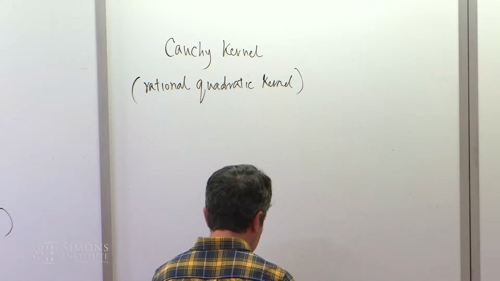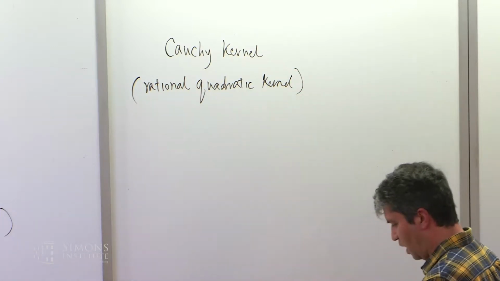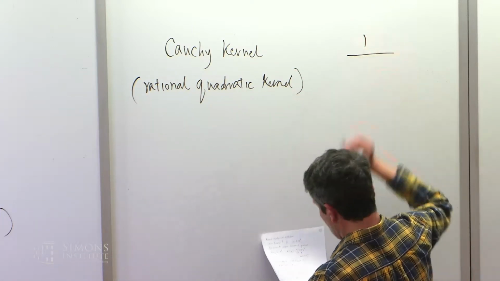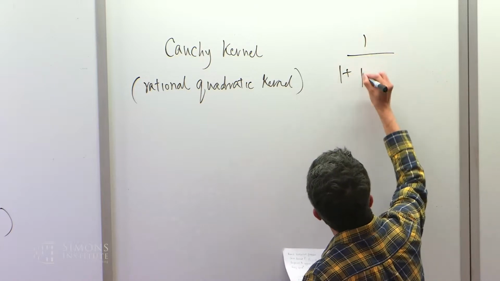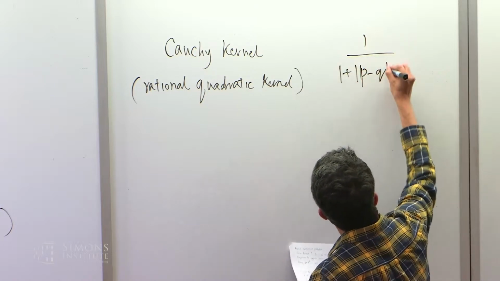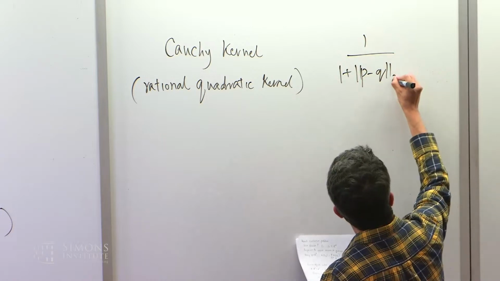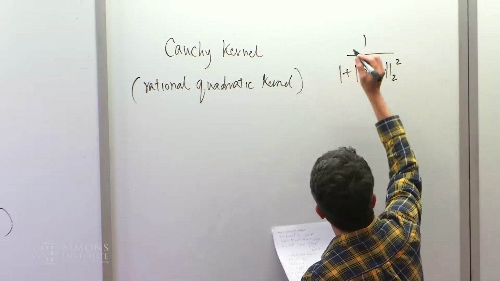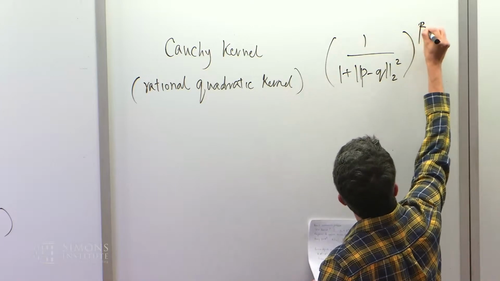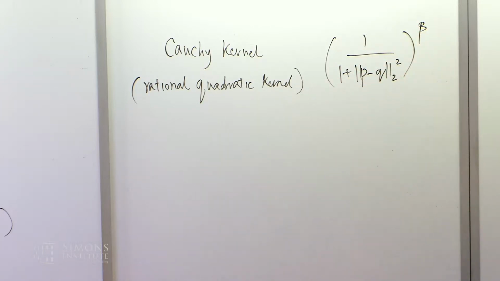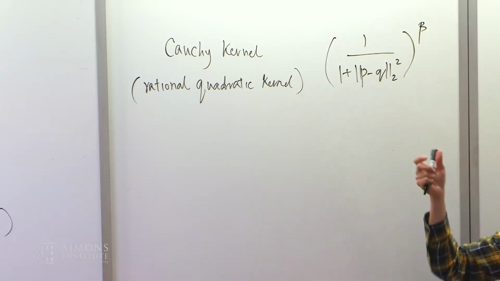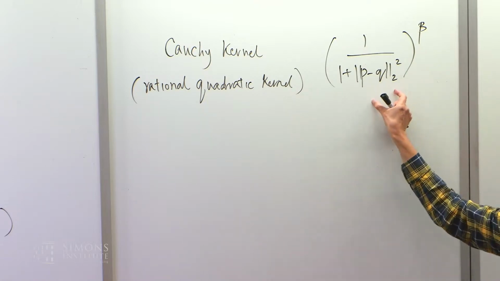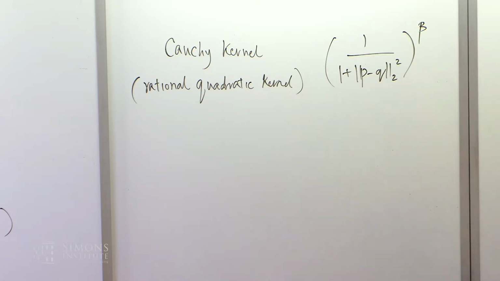That's just a kernel whose expression is given by 1 over 1 plus the distance between p and q raised to the power of something. Okay. So all of these radial kernels, the value of k(p, q) just depends on the distance between p and q. This is the particular dependence here.